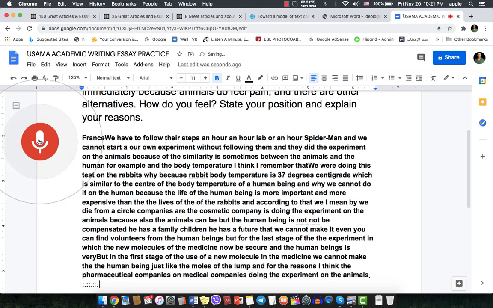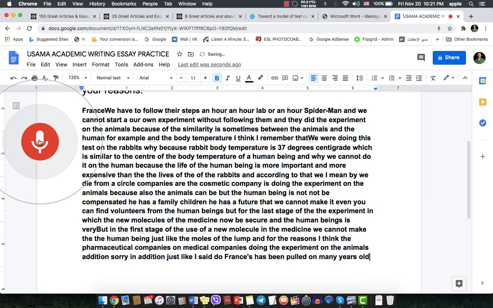In addition, just like I said, the references have been built on many years of research, and that research stated that the animals are more manageable than the human being inside the lab.